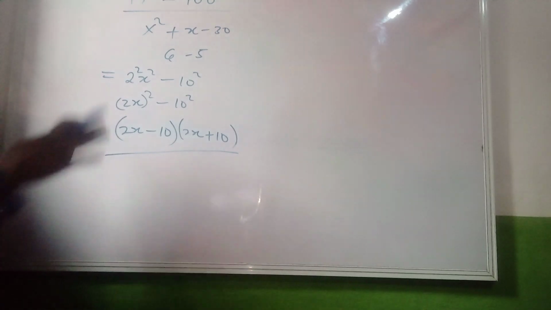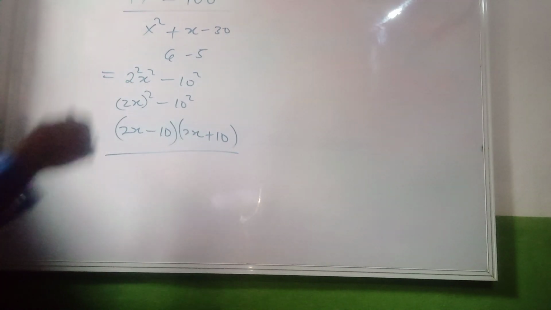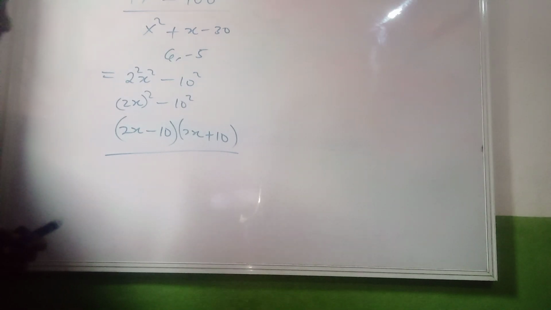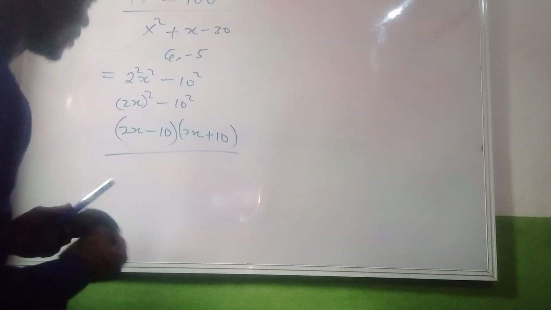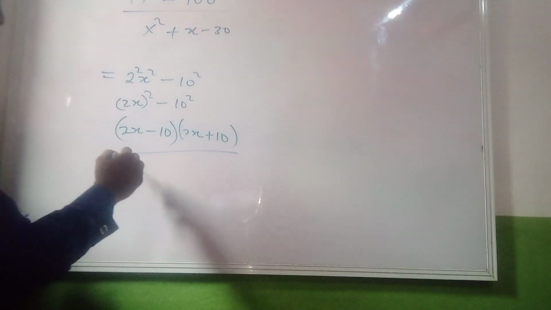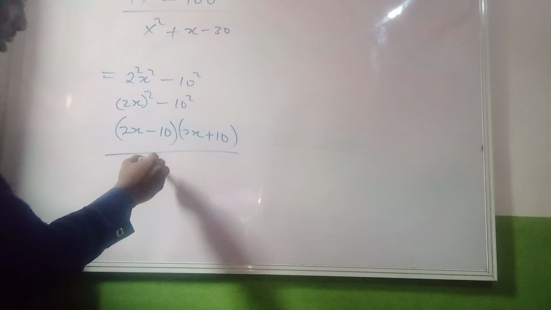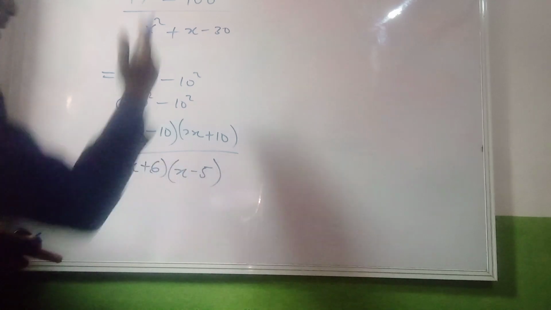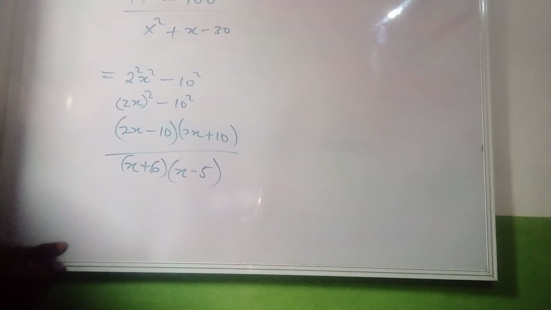When you multiply 6 and minus 5, it gives you minus 30. When you add 6 and minus 5 together, it gives you 1, which is x. So now we can have x plus 6 into x minus 5. This gives us exactly what is on the board.